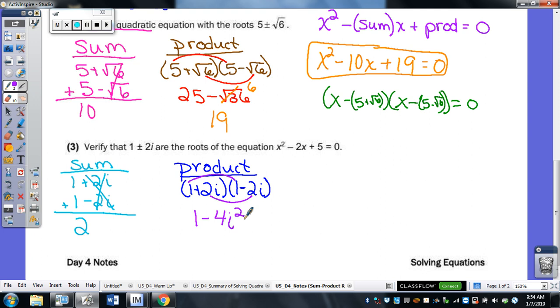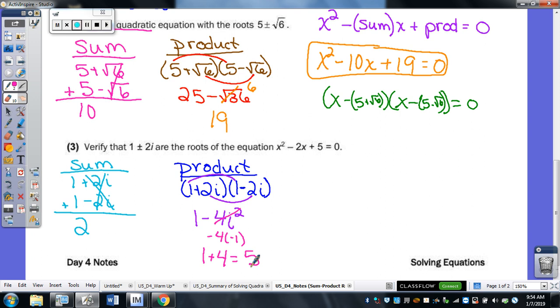Remember, i's follow the same rules as your variables, so that becomes i squared. Who remembers, what does i squared equal? Negative 1. So really, this is negative 4 times negative 1, which is a what? Positive 4. So 1 plus 4 gives us 5. So our product ends up being 5.